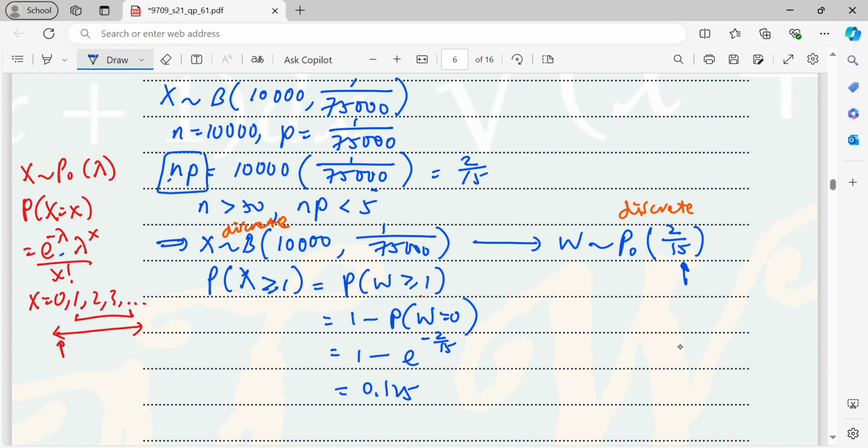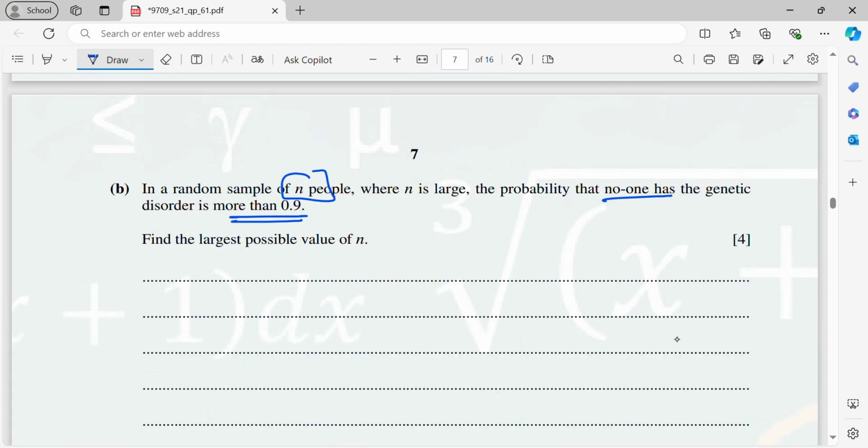So that means my new mean will be 1 over 75,000 times n. So now I will write that W is Poisson distributed with 1 over 75,000 times n as my lambda. Now, no one means W equals 0 and the probability is greater than 0.9. That is the given information in the question.